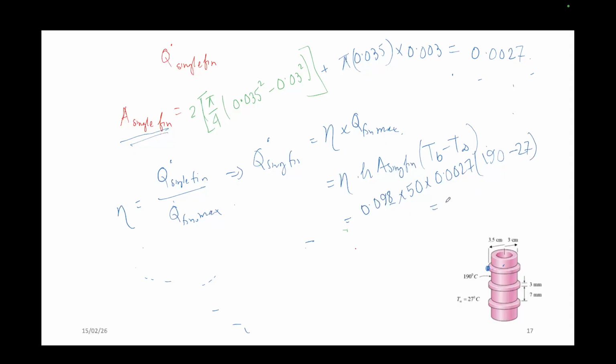So you will get the heat. Is it clear? I am writing this area value because I have already calculated this one. So the value that is coming here will be 21.56. This is for a single fin.